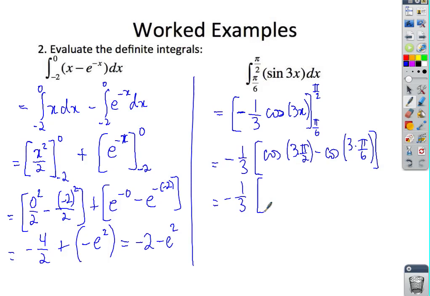Cos of 3 pi over 2 is actually 0. It's the x value at 3 pi over 2. And cos 3 pi over 6, that's actually the same as cos of pi over 2, which is also on the y-axis, and we want the x coordinate at that point, so that's 0. And so this whole integral ends up having a value of 0. For right now, you may not understand why that happens, but in the next lesson, you'll get the significance of that. All right?